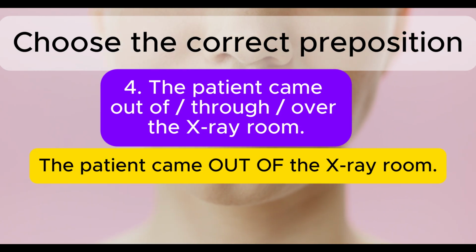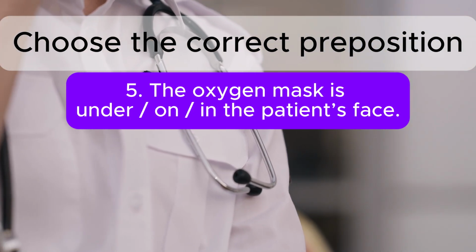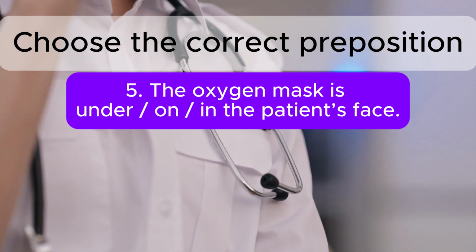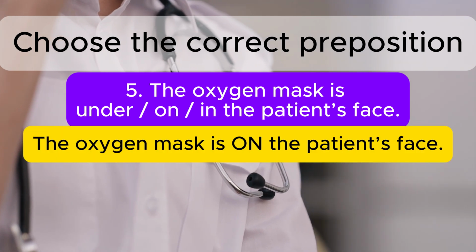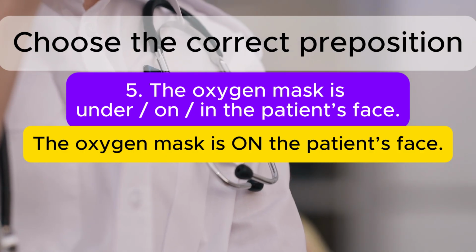Answer, out of. The patient came out of the X-ray room. 5. The oxygen mask is under, on, or in the patient's face. Answer, on. The oxygen mask is on the patient's face.